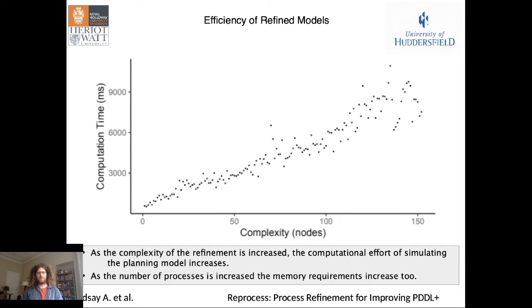So in terms of efficiency, we created different models using trees with different number of nodes, and then we simulate the same plan using each of the models, and this is just simulation time, which increases as the model becomes more complex, but it seems to be in a linear fashion.